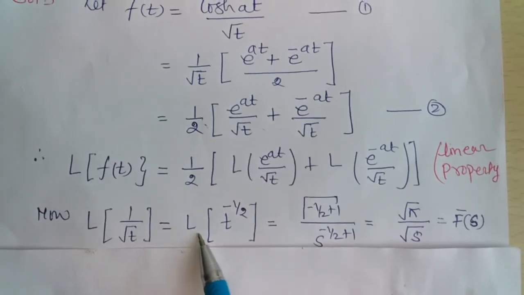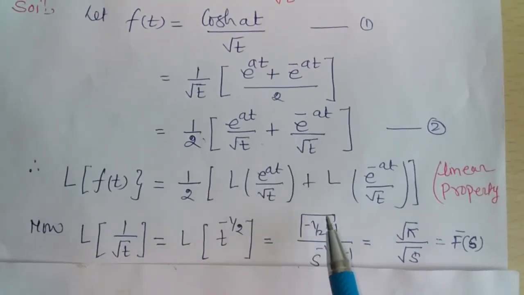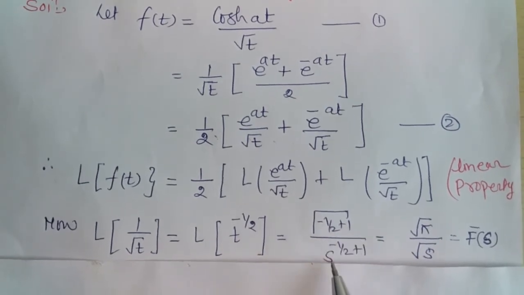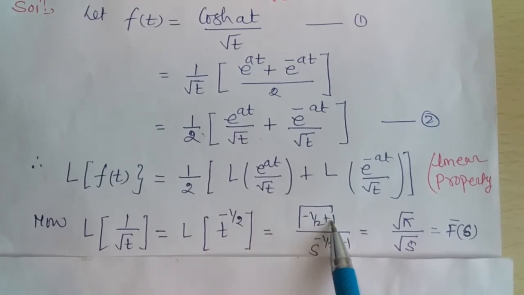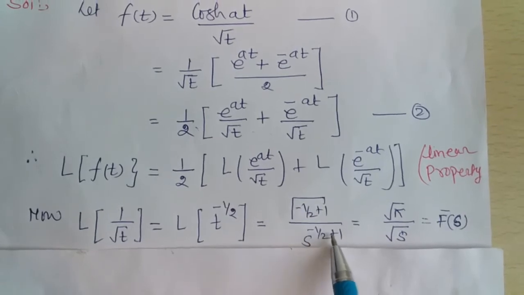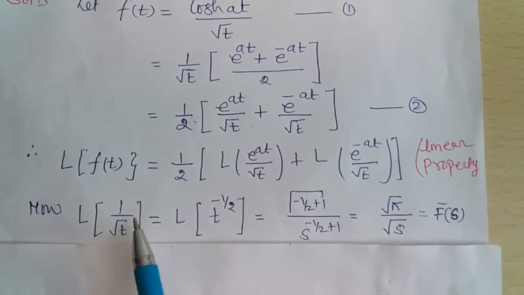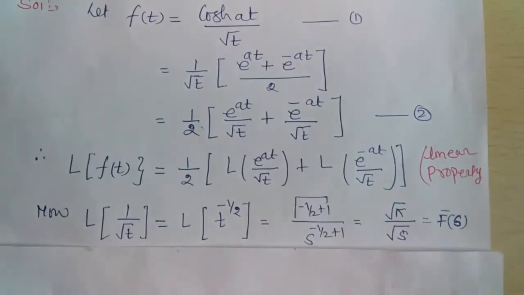So Laplace transform of t power minus half is gamma (minus half plus 1) upon s power (minus half plus 1). So gamma (minus half plus 1) is gamma half, and gamma half is root pi, and here we have s power half which is root s. So this is the Laplace transform of 1 upon root t, which we denote by f bar s.